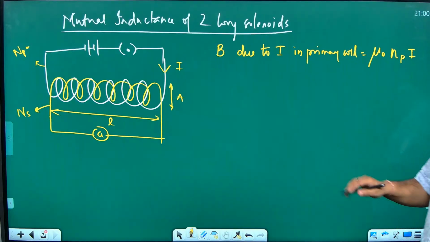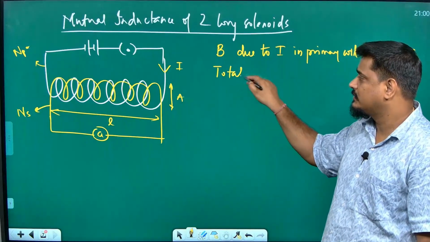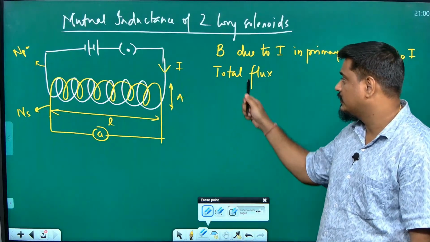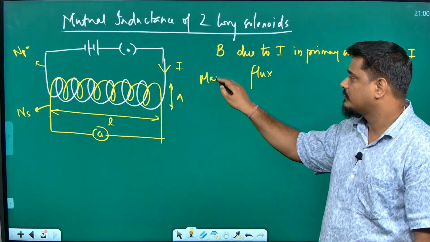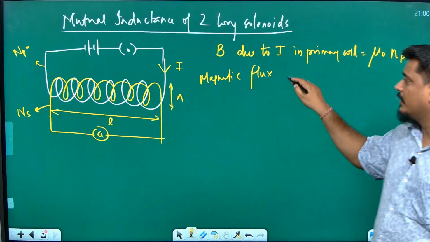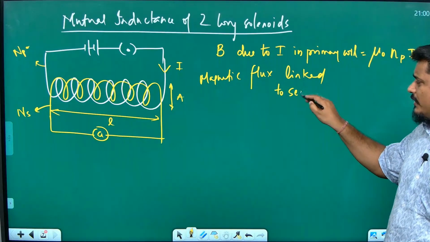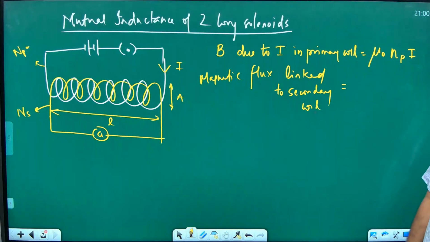Okay. What is the total flux, or I should say the magnetic flux, linked to the secondary coil? What is the formula? NBA cos theta, isn't it?